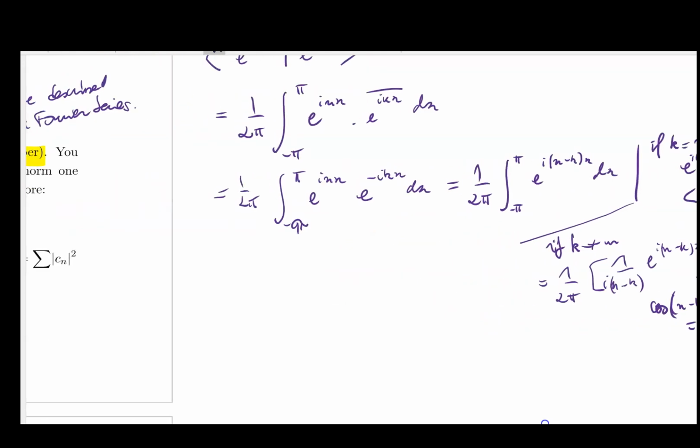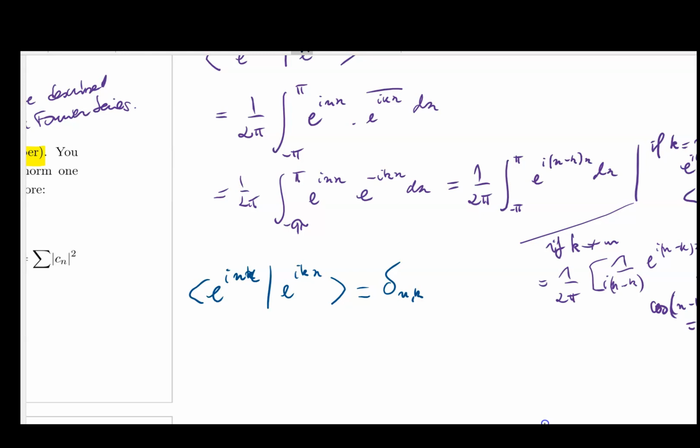So in the end, we obtained that the inner product of e^(inx) with e^(ikx) was equal to, let's use the Kronecker symbol, delta of n k, meaning equal to 1 if n is equal to k and 0 otherwise.